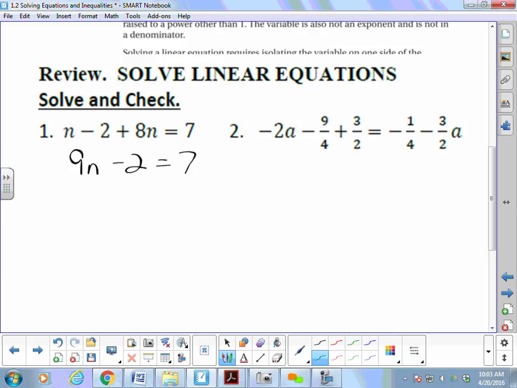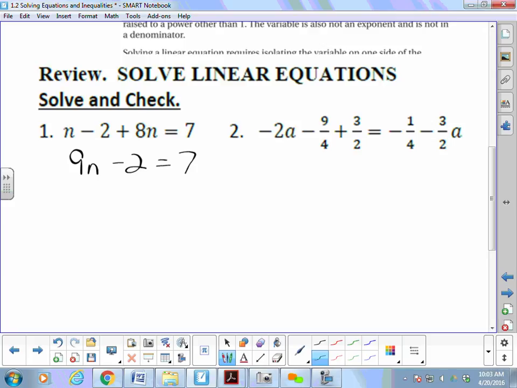And really our goal is to always get to this form right here: ax plus b equals c. You've solved a lot of these, because that's our simplest form of the equations we've worked with; they're basically in slope-intercept form. You can think of it that way.